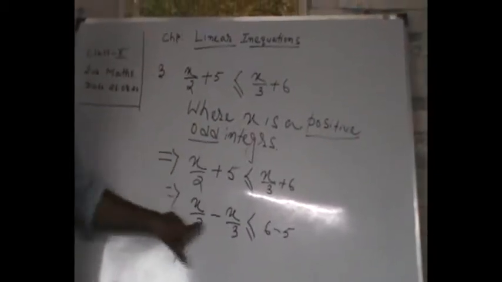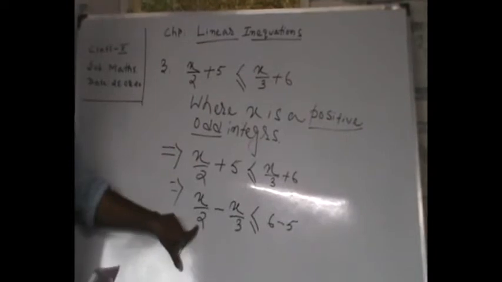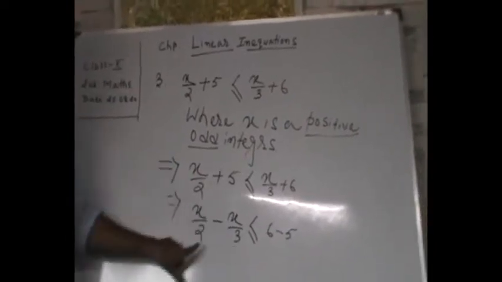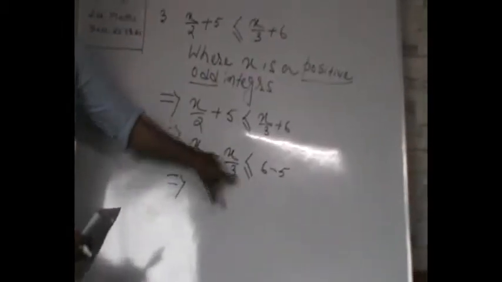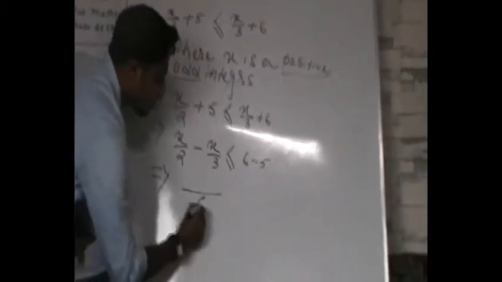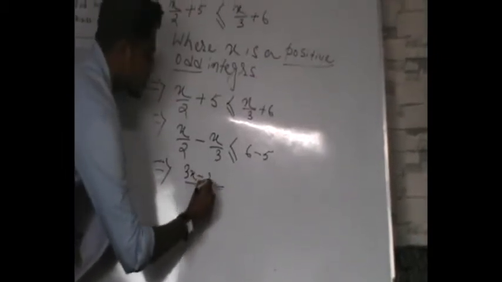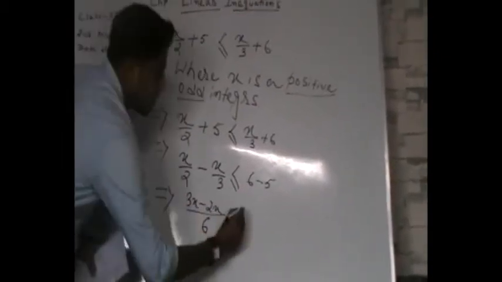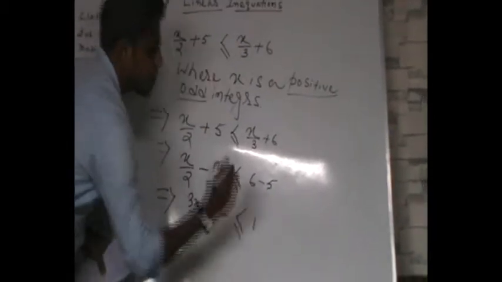First we take the LCM, because these two numbers have different denominators. This contains 2, here is 3. That's why we take the LCM. I already know that the LCM of 2 and 3 will be 6. So now 3x minus 2x, and this one 6 minus 5 is 1.